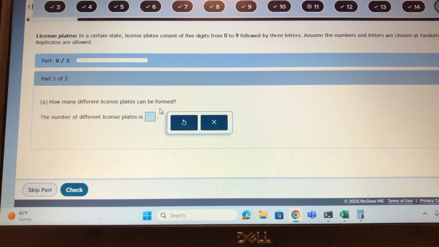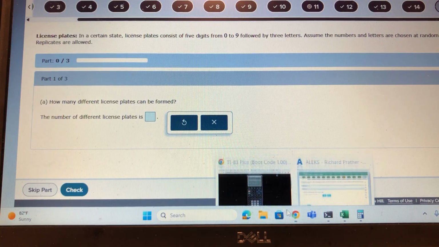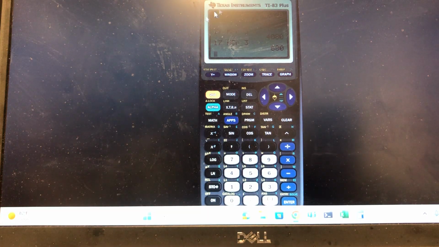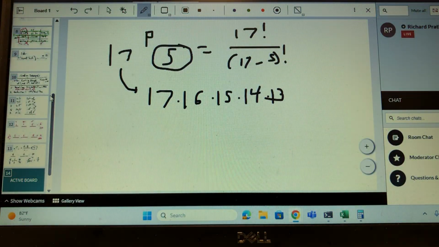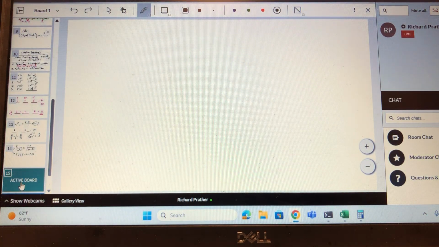How many different license plates? Okay, this is another thing you can do. License plates: a certain state has 5 digits from 0 to 9 followed by 3 letters. Repeats are allowed. How many different license plates? This is kind of like the multiple choice one. So if you're doing a license plate, or you can do passwords, passwords work exactly like this too. Every time you want to put a number, you put a blank for that.